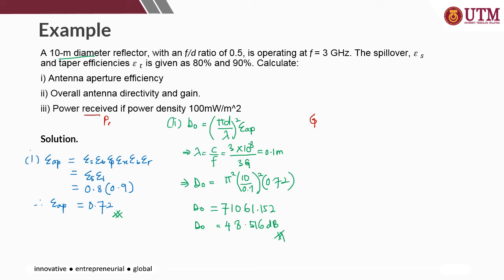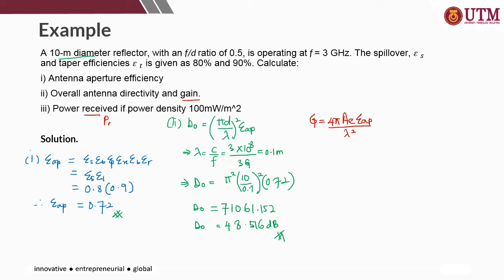So for the gain, as shown in the previous slide, the gain equals 4 pi AE, the aperture size, times EAP, the aperture efficiency, divided by lambda squared.